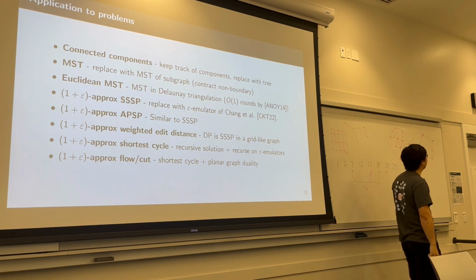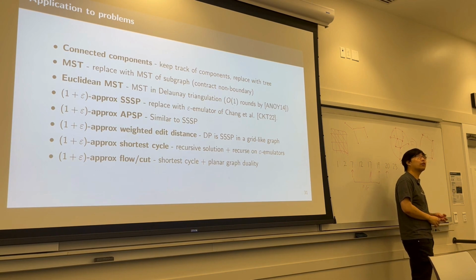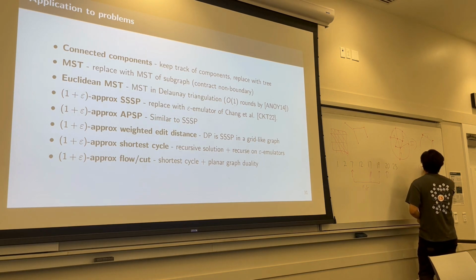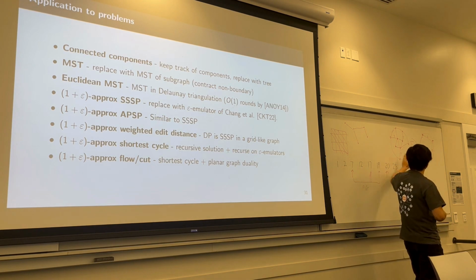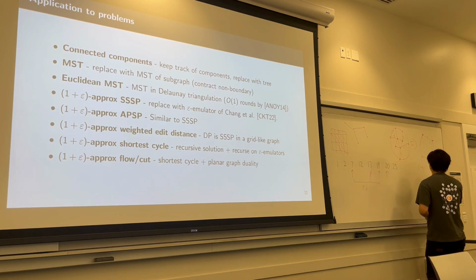And by recent work of Chang, Krauthgamer, and Tan, they showed that you can construct a 1 plus epsilon distortion sparsifier.